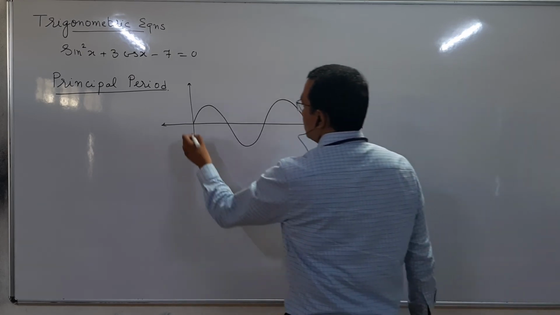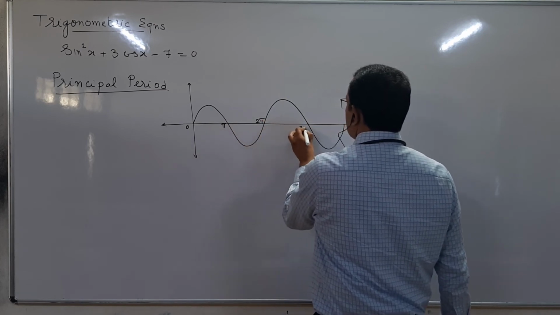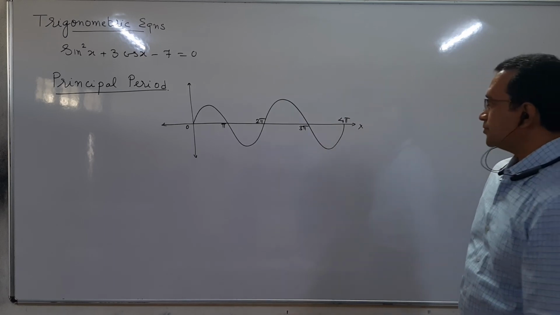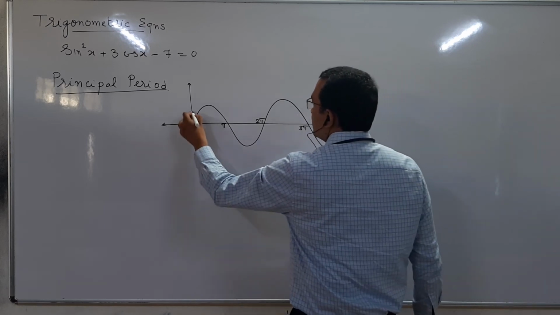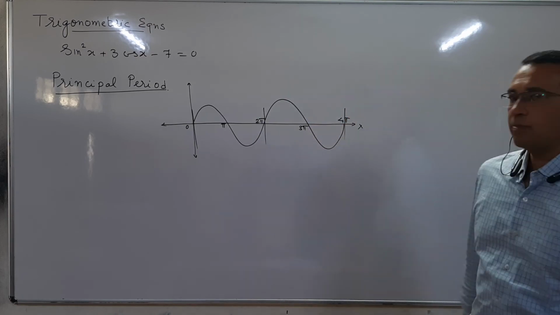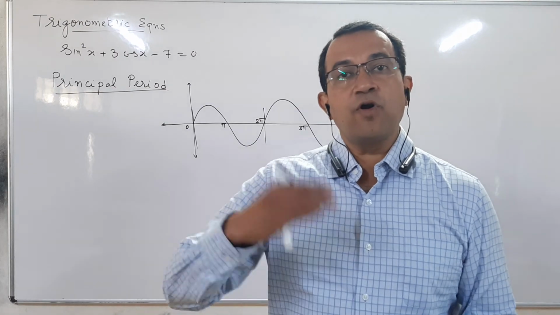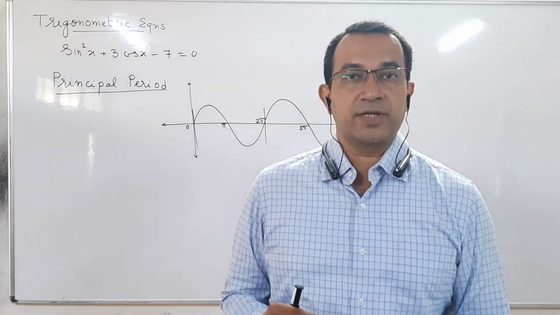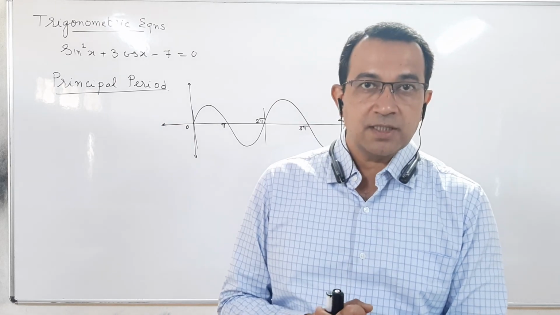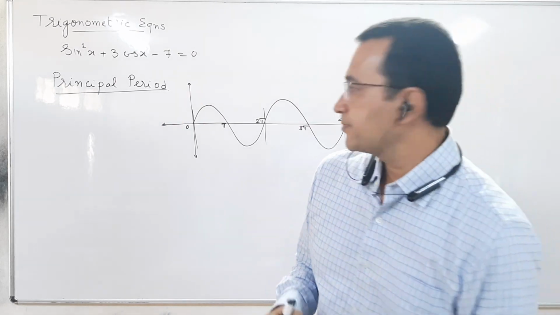Say this is 0, pi, 2 pi, 3 pi, 4 pi. Whatever graph is there between 0 to 2 pi, the same graph is there between 2 pi to 4 pi. So the graph of all trigonometric functions repeats after a certain interval, and that interval is called principal period.